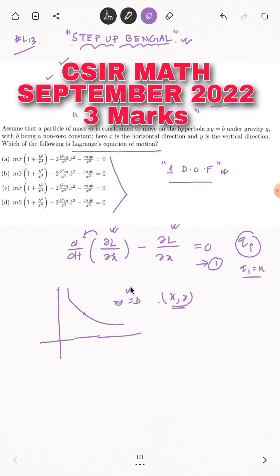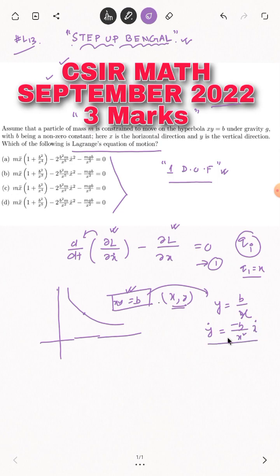But one constraint, that means xy equal to b, is given. So we can just form y in terms of b as this. Now we need y dot for velocity. So we have calculated here minus b by x square into x dot.